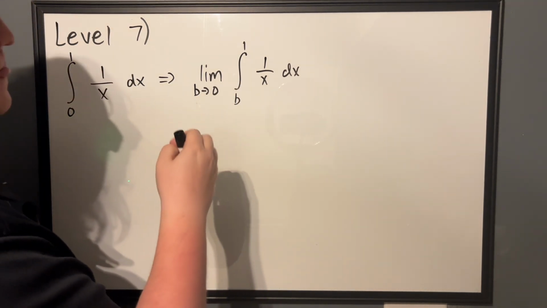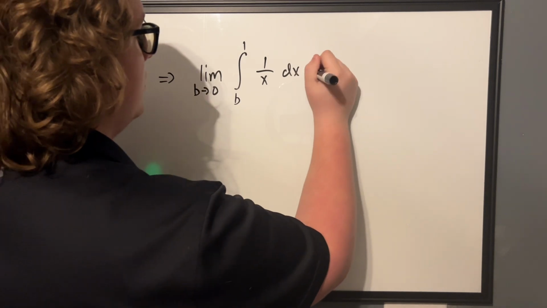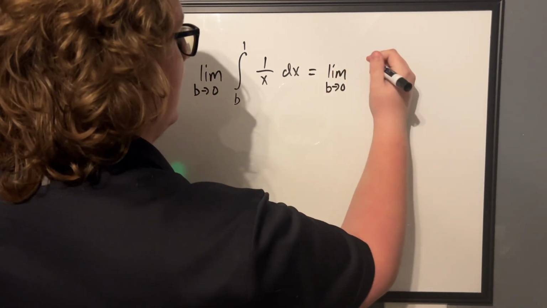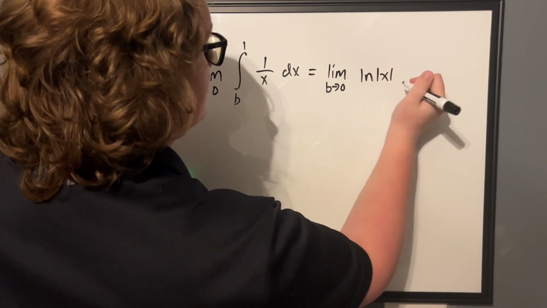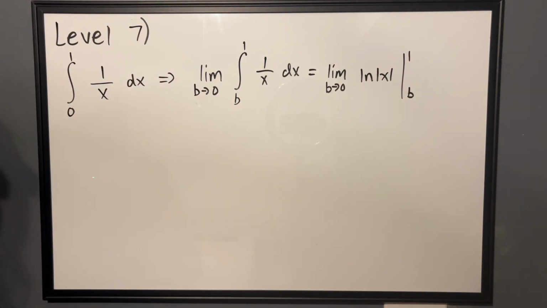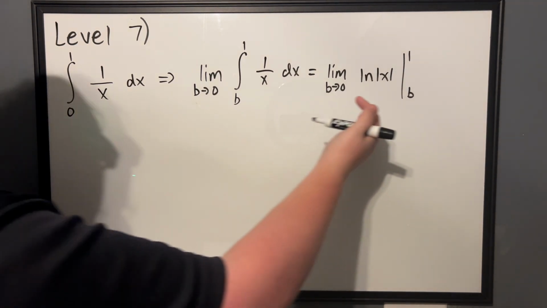So what we're going to do is integrate this as normal. So we're going to have the limit as b goes to 0 of the natural log of x evaluated from b to 1. Then, using the fundamental theorem, we're going to be able to solve for this.